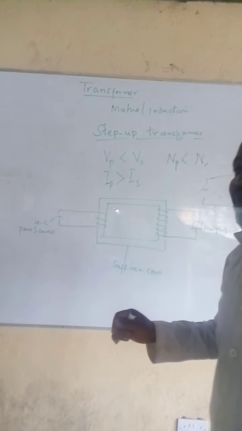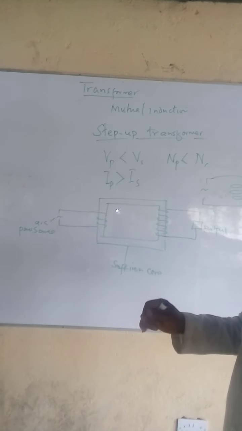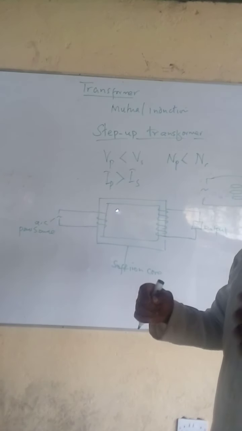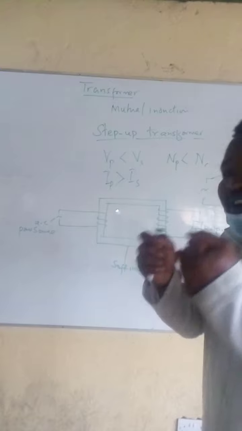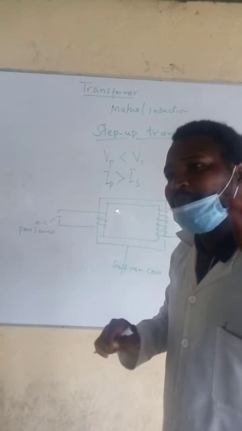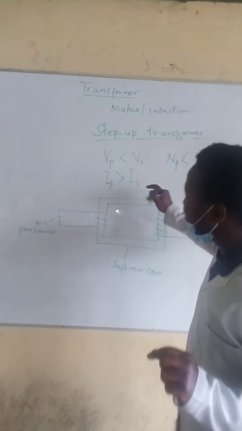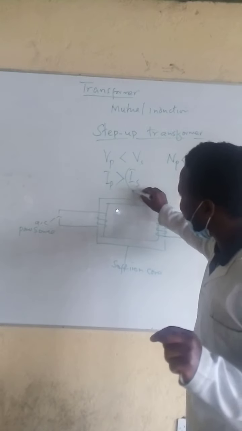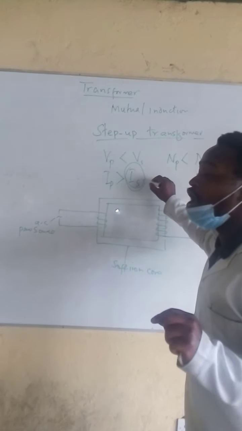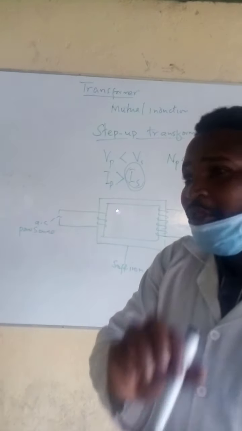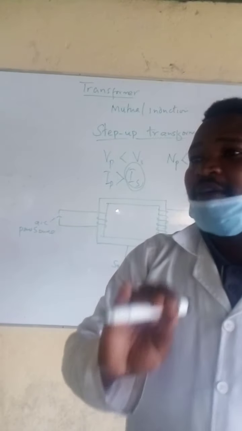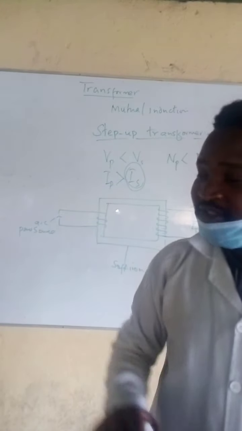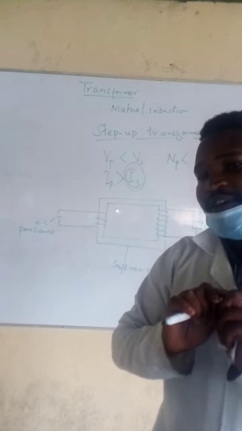You know, when the current is moving over a very long distance, we would have a lot of power being lost. Now, to minimize the power losses, we step it up so that the current in the secondary coil is very low. And therefore, the amount of power that's going to be lost is less. Very good.